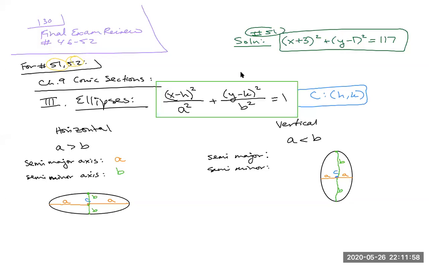The semi-major would be B, and semi-minor would be A. Let's save that.